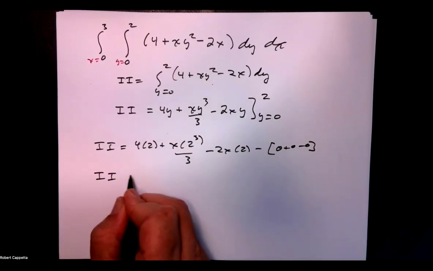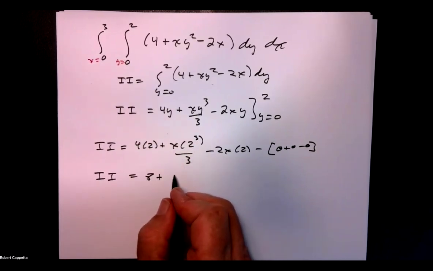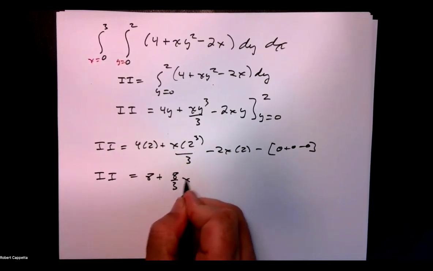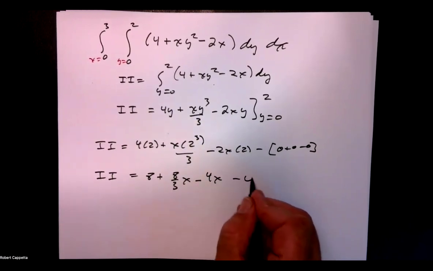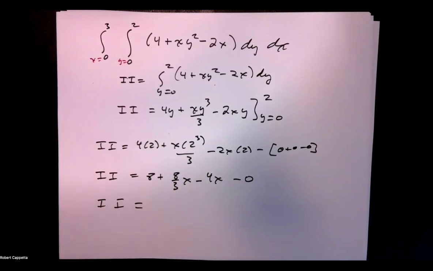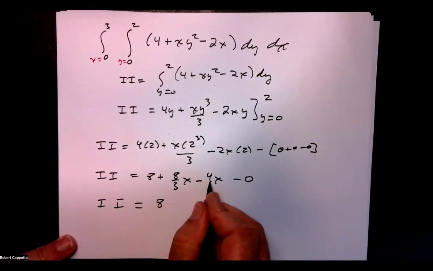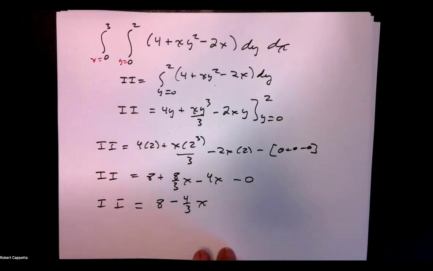What does my inner integral become? 8 plus 8/3 of x minus 2x times 2, minus 4x, minus 0. Where does that get me for my inner? You get 8. That's 8/3 minus 12/3, so 8 minus 4/3 of x.